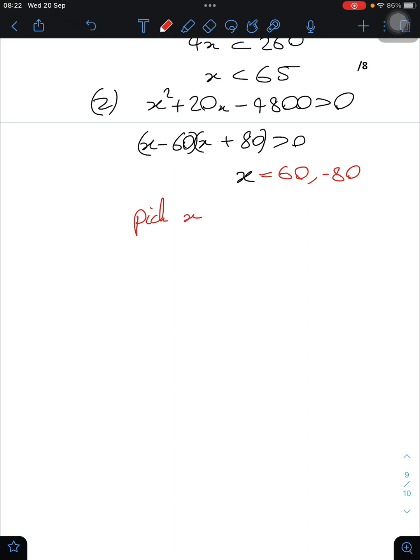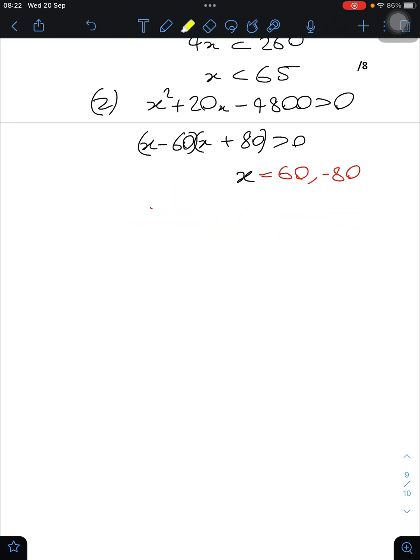Pick x equals 0. Plug it into the equation above. We would get minus 4,800, which is greater than 0. So therefore, that can't be the case. And so therefore, x equals 0 is wrong.